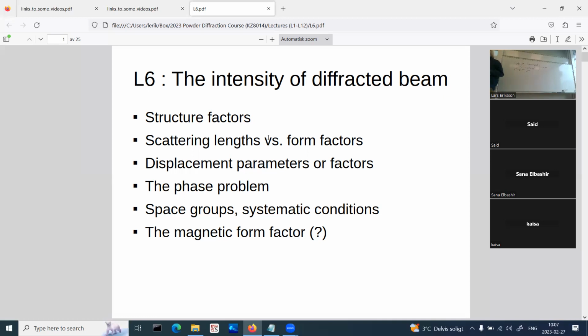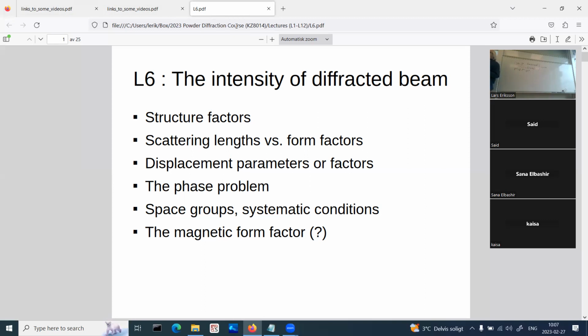I will just give a quick overview of the previous course. With neutrons, there is also a possibility to have an interaction with the magnetic moment of neutrons. There is maybe also some magnetic photon scattering, but that is very exotic and there are not so many examples.